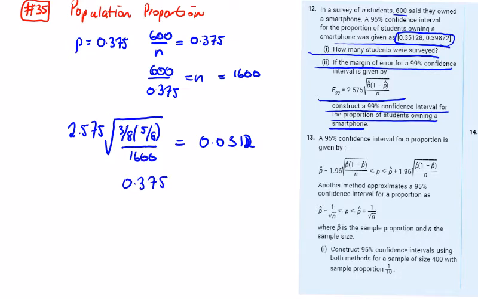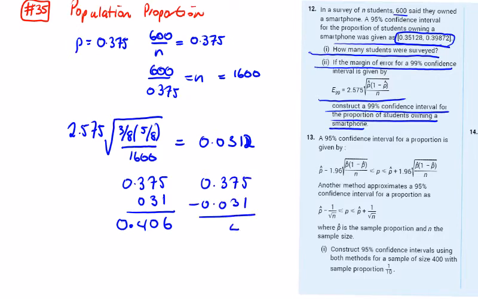So we're adding 0.375, and I'll just add the 0.031, and we're going to get 0.406 at the higher end, and 0.375 minus 0.031 is going to give 0.344 at the lower end.